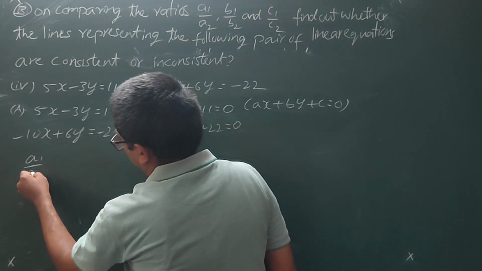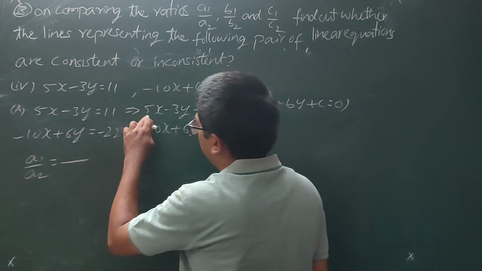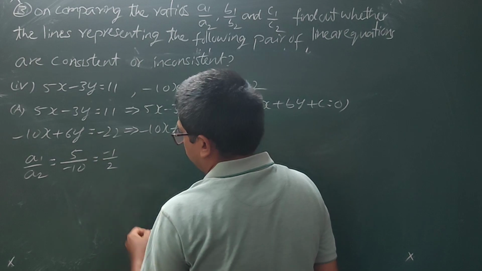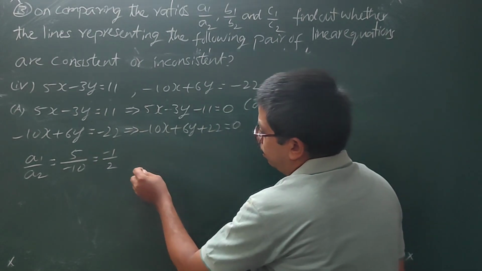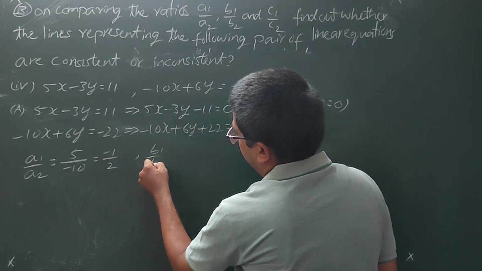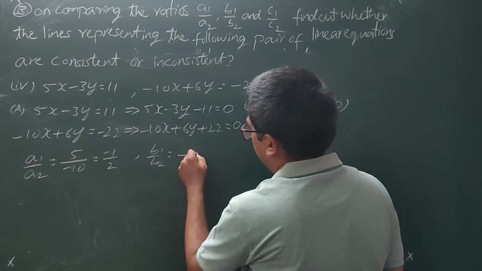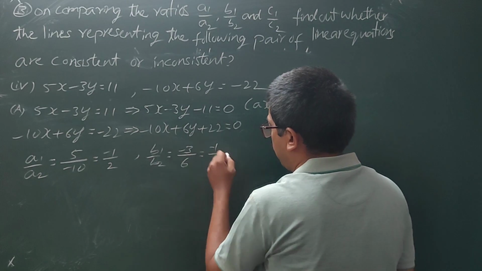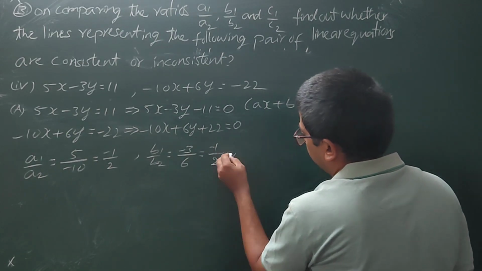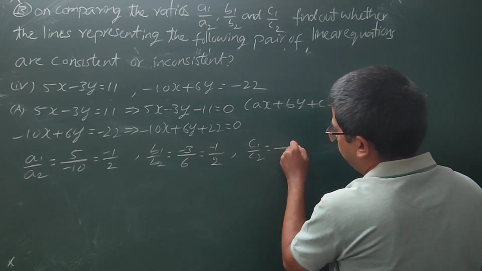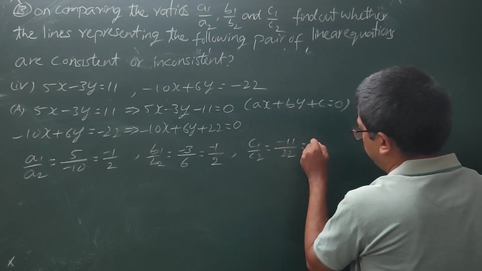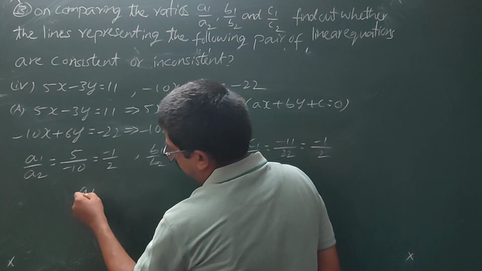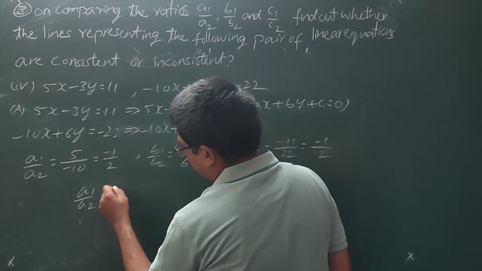So now a1 by a2 equal to 5 by minus 10 equal to minus 1 by 2. b1 by b2 equal to minus 3 by 6 equal to minus 1 by 2. c1 by c2 equal to minus 11 by 22 equal to minus 1 by 2.